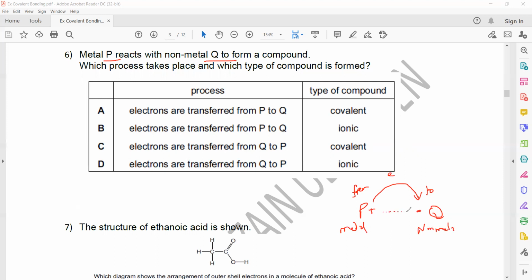The attraction between the positive and negative ions is known as ionic bonding. So electrons transfer from P to Q and the bond will be ionic.